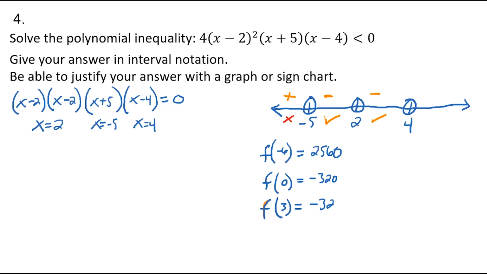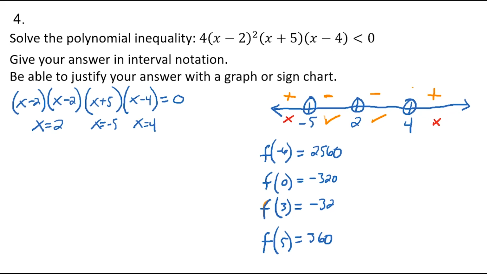That's what we want. And then finally, from this last interval, I'll use f of 5. Plug 5 in, and I get positive 360. So I get a positive value, and we don't want that, because I want values that are strictly less than 0.